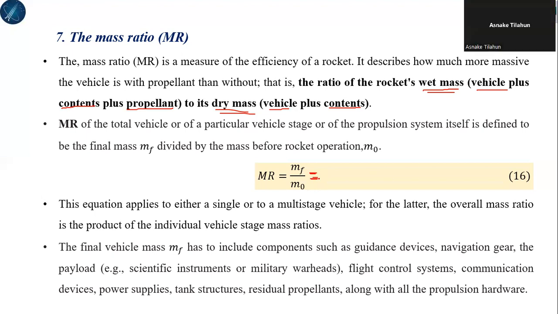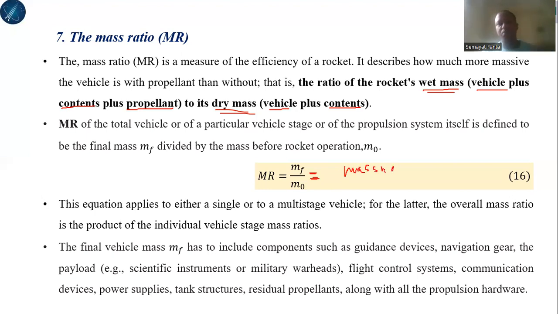Sorry, it is final mass to initial mass. Final mass means without propellant. Mass with no propellant.